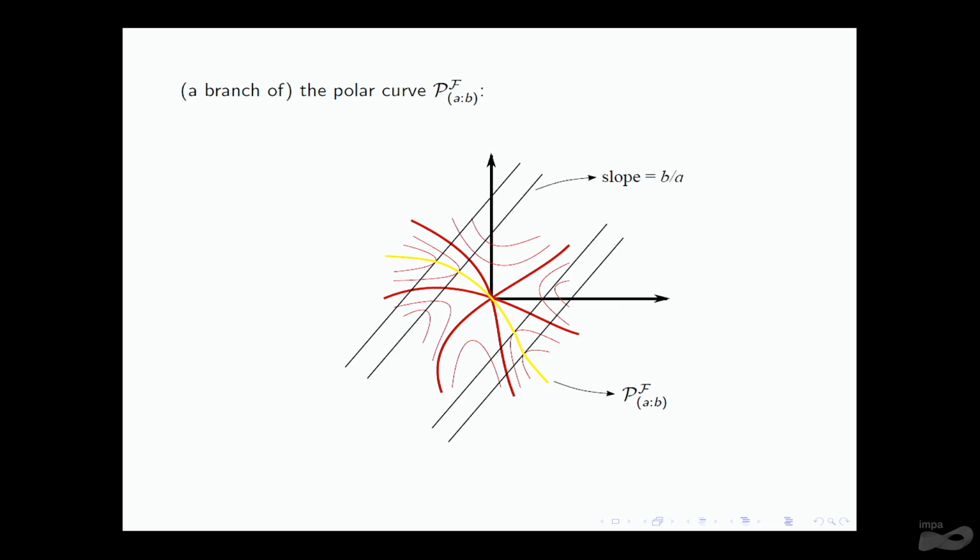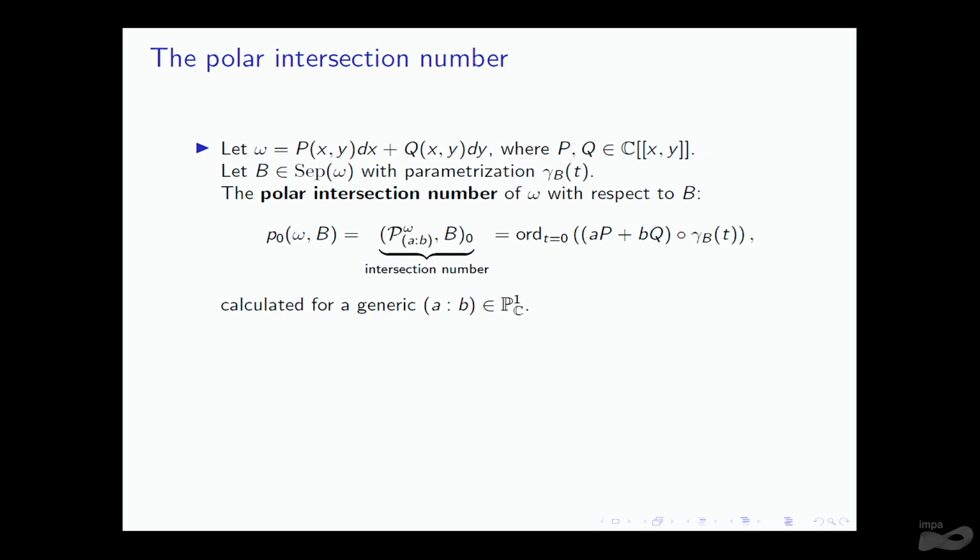This drawing explains what a polar curve is. Here I have a foliation, okay? I have the pencil of lines with slope B over A, and I assemble all points where the leaf of the foliation has a tangent line with the slope B over A. So here I have a component of the polar curve. Maybe we can find other components here. And I use polar curves to define another index, another invariant, which is the polar intersection number.